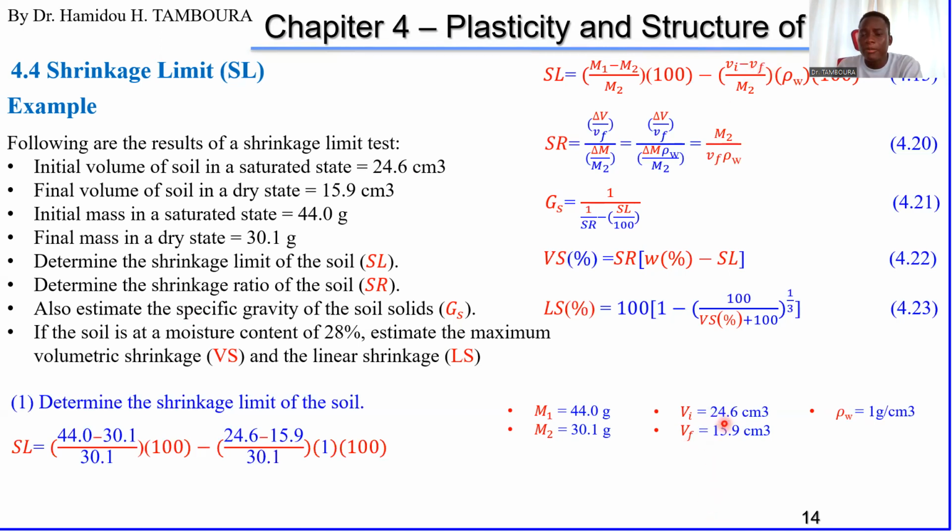VF is here, and M2 again here, and the density of water is something you should know. So directly apply it and you can get, if I'm not wrong, around this value. The shrinkage limit in this case is 17.28%. That's your shrinkage limit.